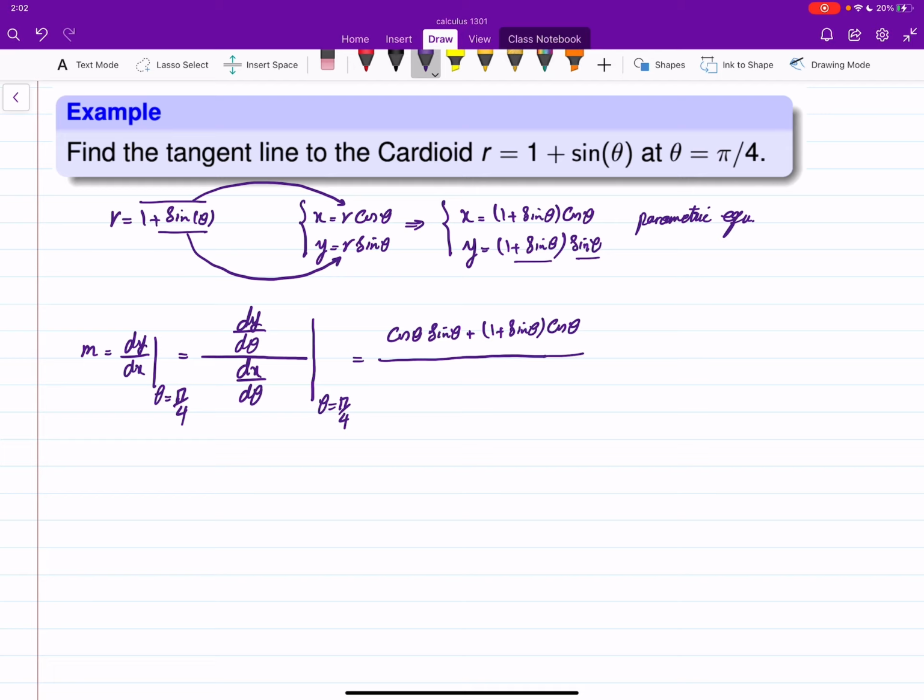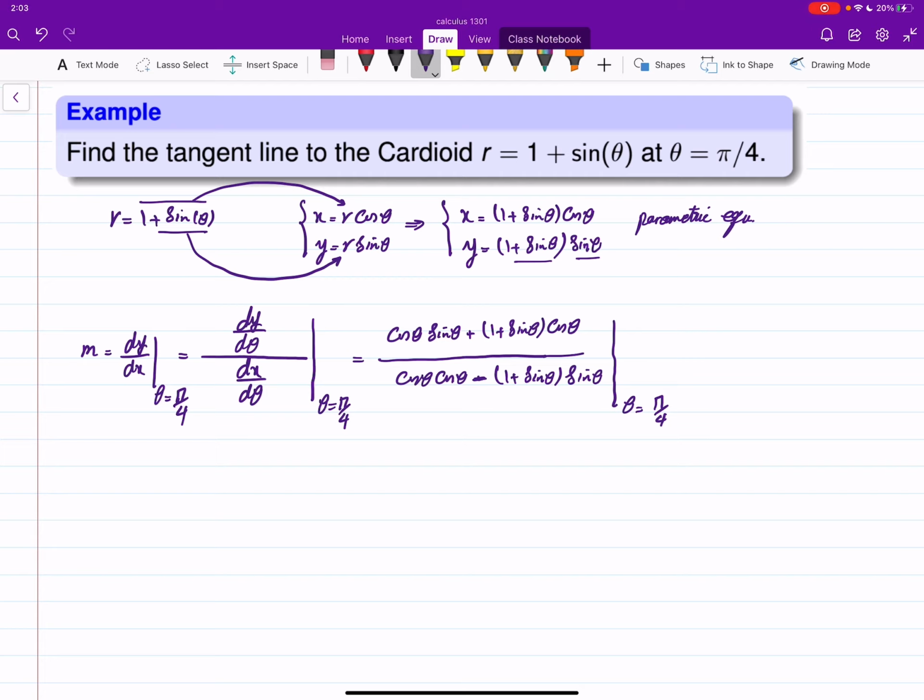For x, the derivative of the first one is cosine theta times cosine theta, the second one, plus the derivative of the second one is negative sine theta, so that's why I put negative, the first one itself times the second one. So this way I have a formula for the derivative in terms of theta.